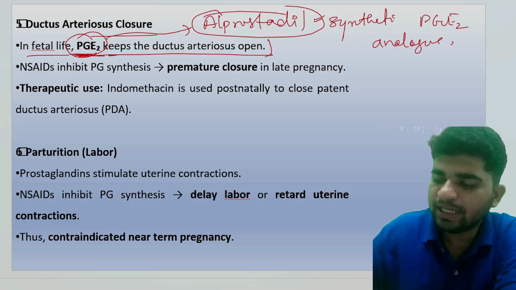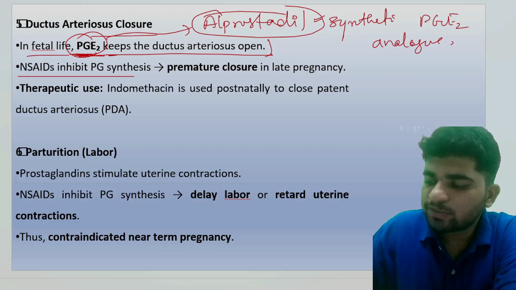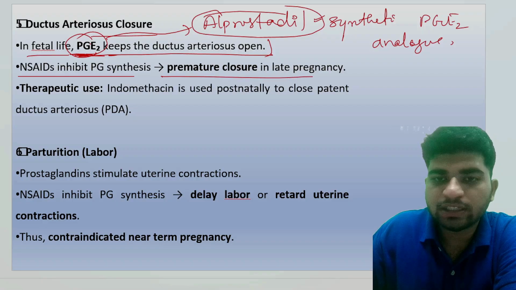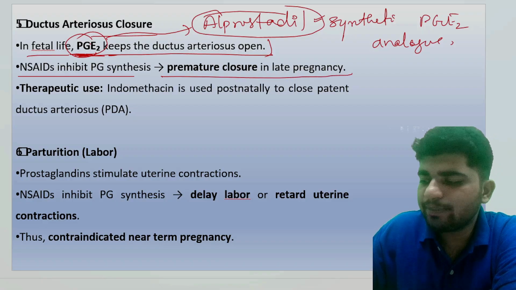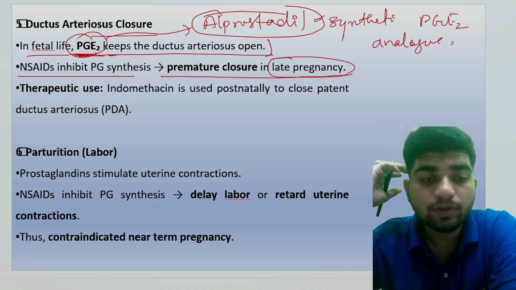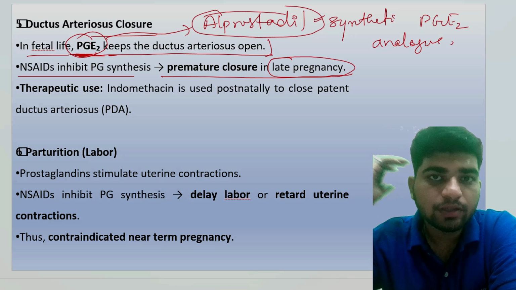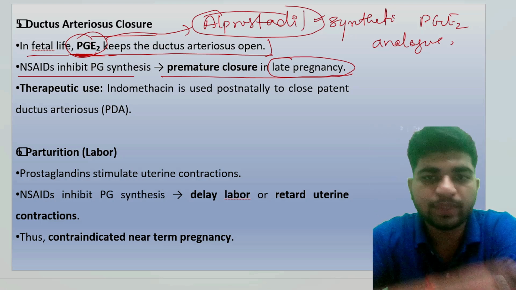But what happens? NSAIDs inhibit PG synthesis and are responsible for premature closure in late pregnancy, which makes the fetus unable to get blood from the mother.